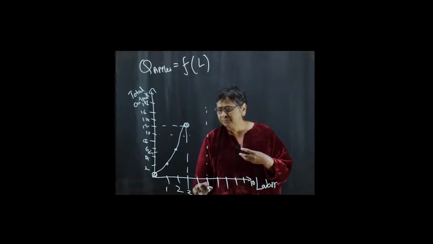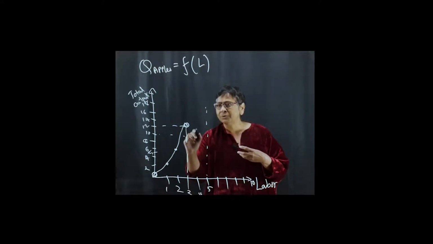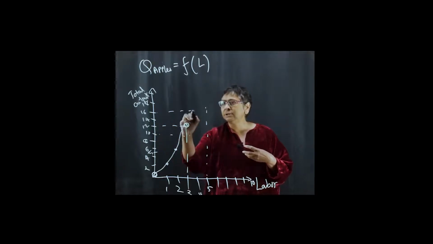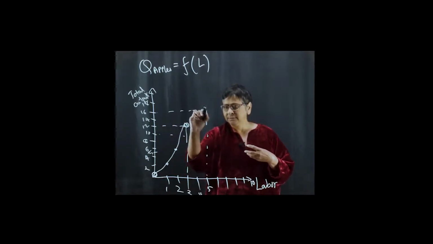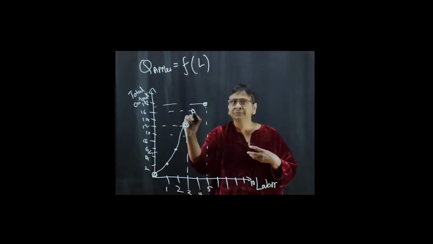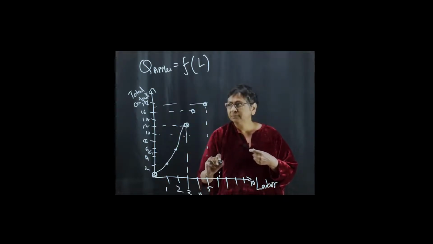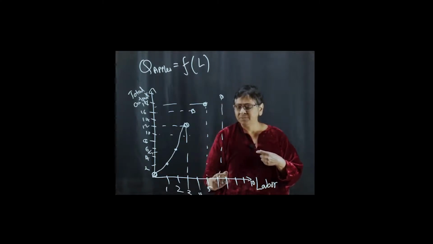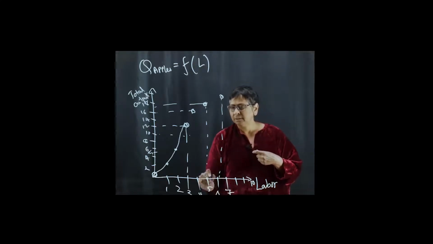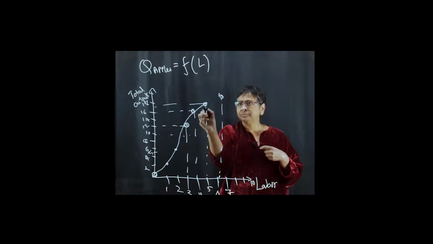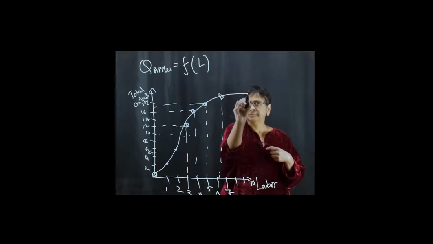So the third worker came here, the fourth worker maybe gave us 16, and then the fifth worker gave us 17. Sixth worker, maybe 18. By the time you're coming out here, each worker is not adding as much. Right?